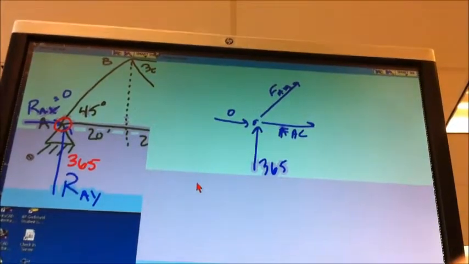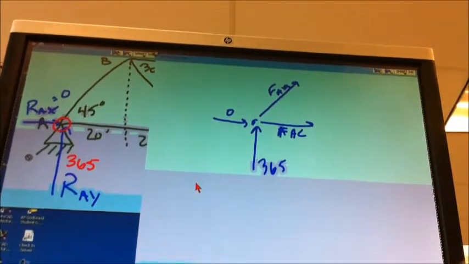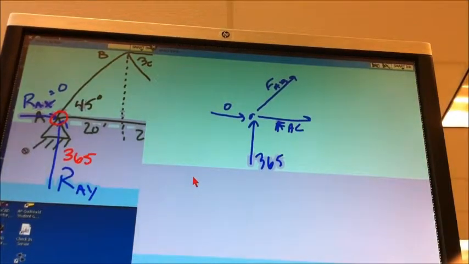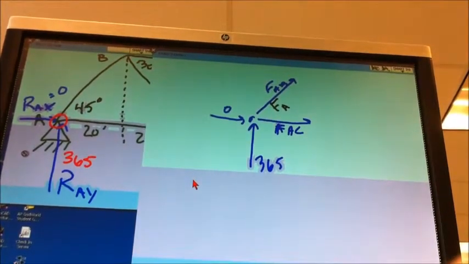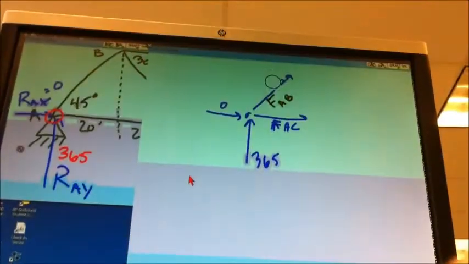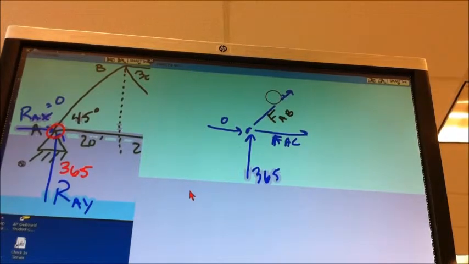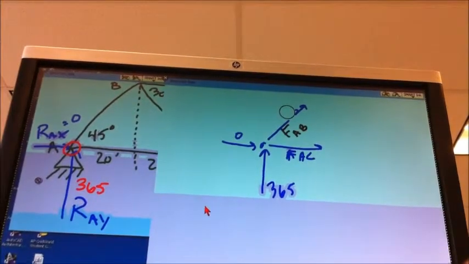Right off the bat, we've got FAB here. I know it's kind of hard to see. He's solving for the entire FAC. Because look, these are two. Yeah, I see what you're saying. Alright. Just delete it. Now, with FAB, we've got two forces right there, an X and a Y, correct?